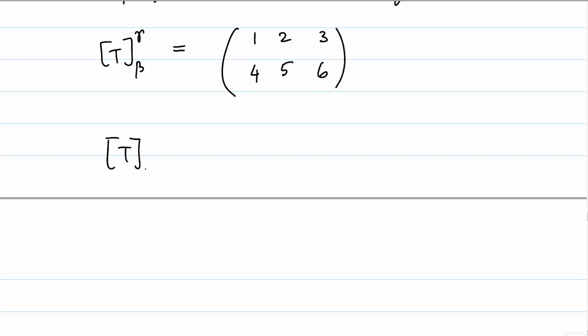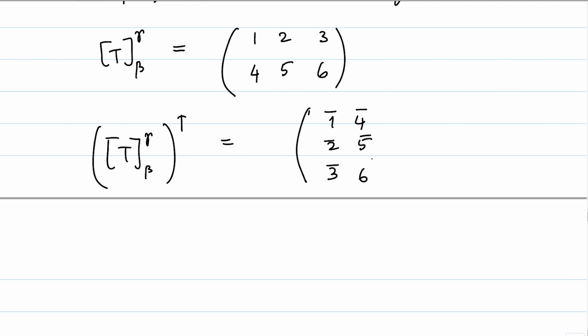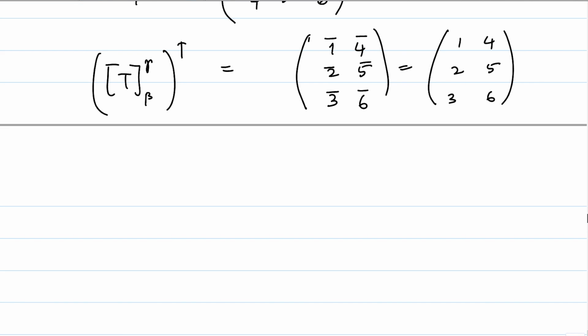The adjoint will be the transpose, so 1 4, 2 5, 3 6, and the conjugate of all this, but these are all real numbers, and hence it is just equal to 1 4, 2 5, 3 6. So this is going to be the matrix of T star with respect to gamma beta.